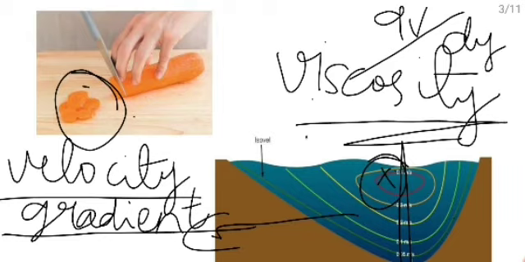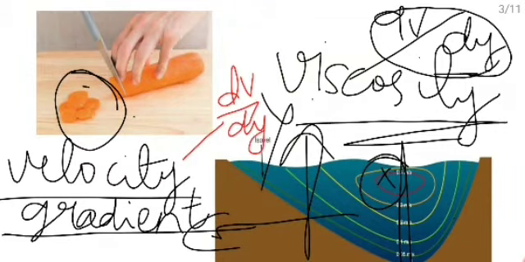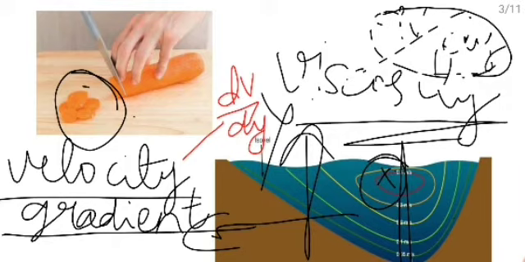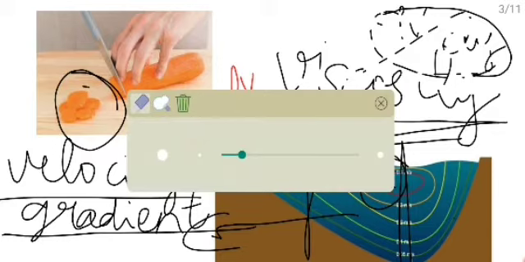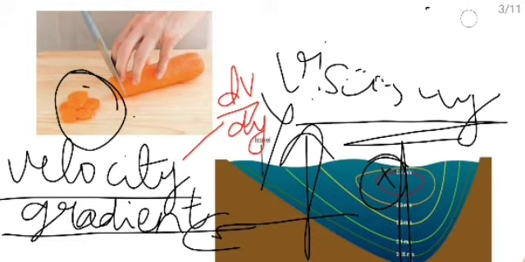Suppose this axis is y. So dv by dy is the velocity gradient. This velocity gradient, shear stress, and viscosity all have a connection between them. Now we'll move on to that.